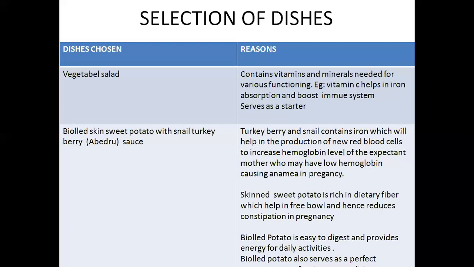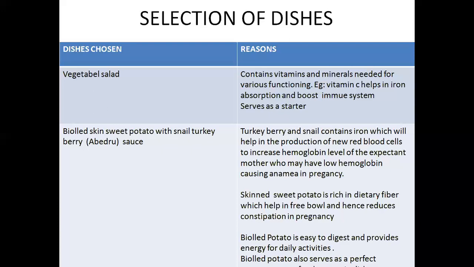Now let's look at my reason for vegetable salad. Vegetable salad contains vitamins and minerals needed for various functioning. Example, vitamin C, which helps in iron absorption and boosts the immune system. The vegetable salad is also serving as a starter, an appetizer, something that stimulates the appetite of this pregnant woman, because sometimes they do not have appetite for food.